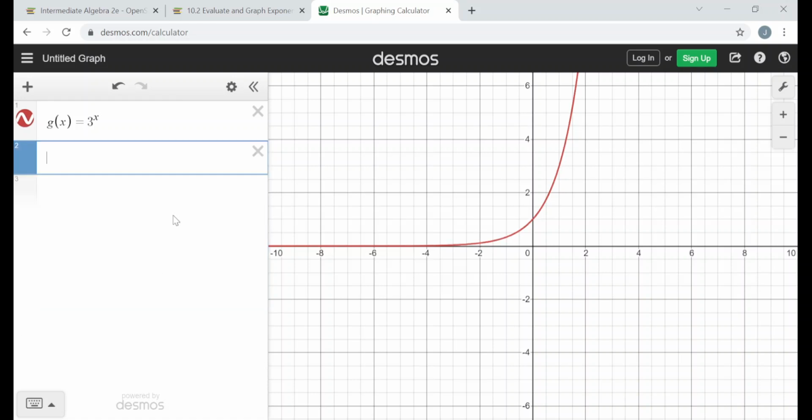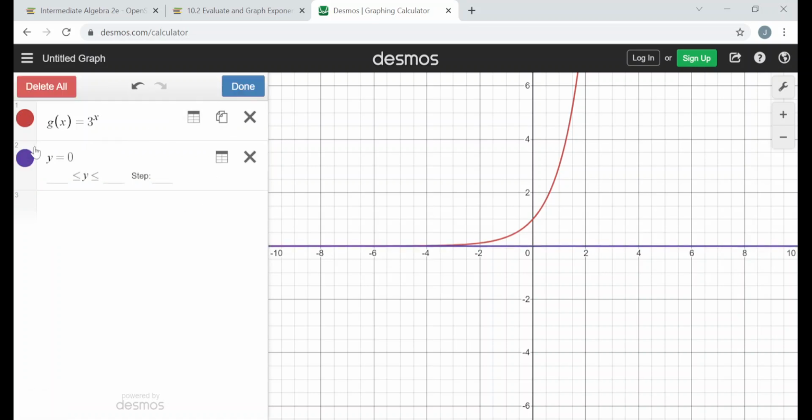Now let me put in the y equals 0, the x-axis, and I'm going to make that a dotted line because it's not actually part of the graph of the exponential function. And you see this is our horizontal asymptote. Now I know from here it looks like our red graph is hitting this.